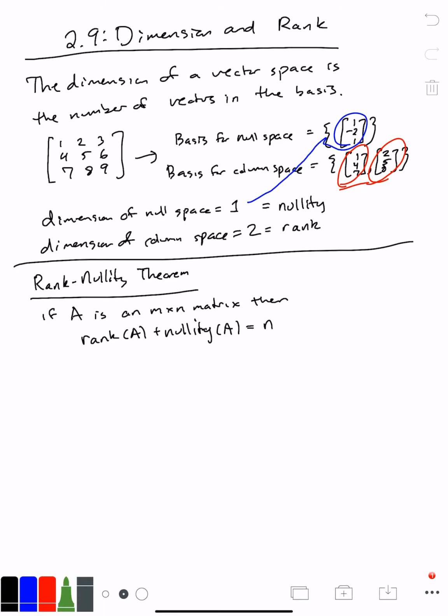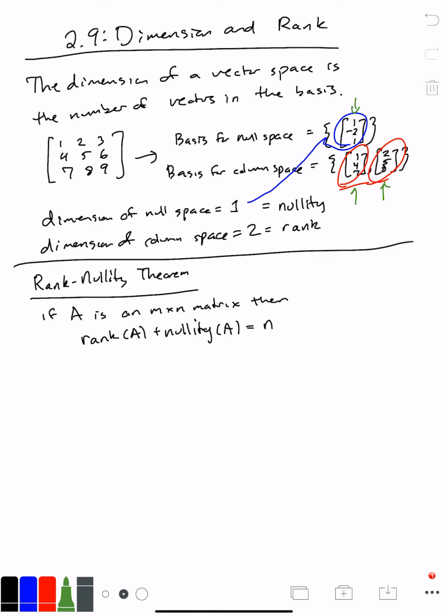At first this might seem like some crazy theorem coming out of nowhere, but it really isn't. You just need to think back to what we were doing earlier. Remember when we had pivot columns? Pivot columns became things in the column space, and the ones that were not pivot were free, and that's what we got, things in the null space.